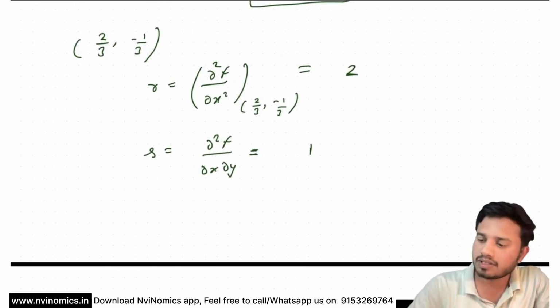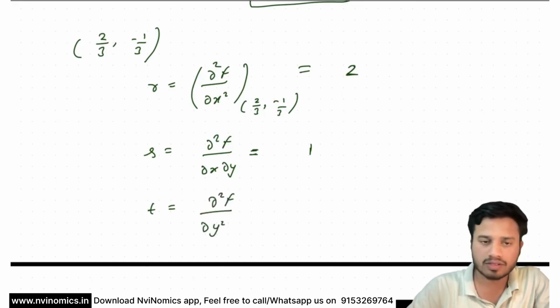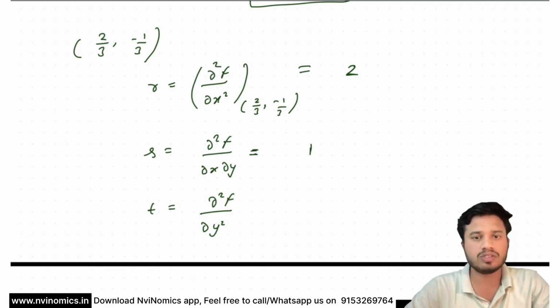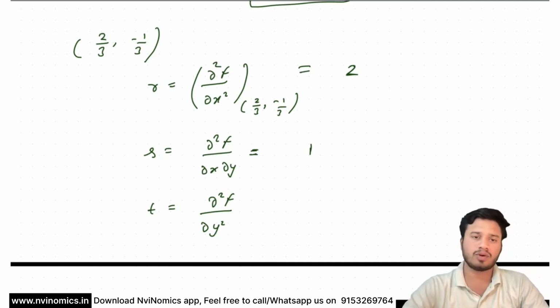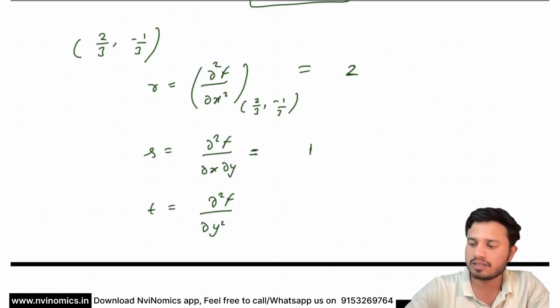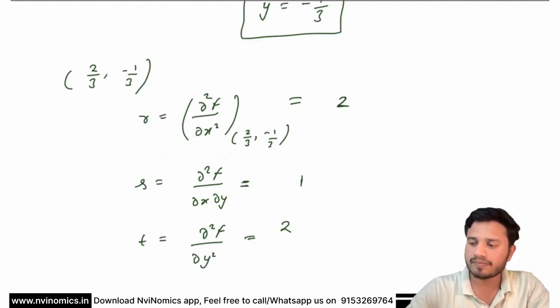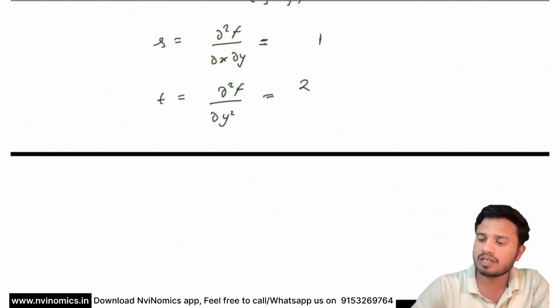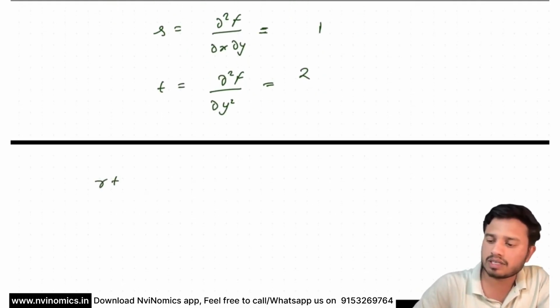Then t, again, if there are some values, you have to put these critical points in. I don't have any value, it's a constant, so I'm just writing it as it is.